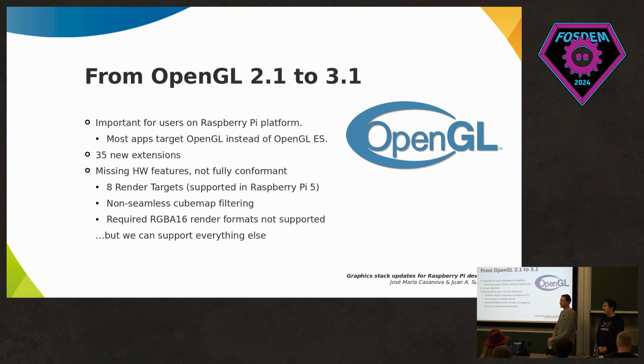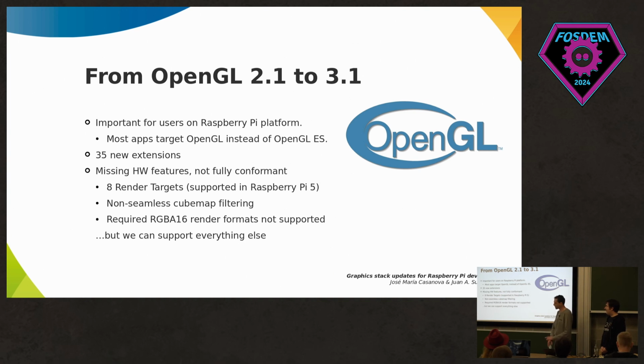So targeting OpenGL desktop apps is quite interesting. There are a lot of applications that require OpenGL 3 point something, and now they can run on the Raspberry Pi. The upgrade from Bullseye to Bookworm allowed us to expose 35 new extensions from OpenGL and OpenGL-ES.